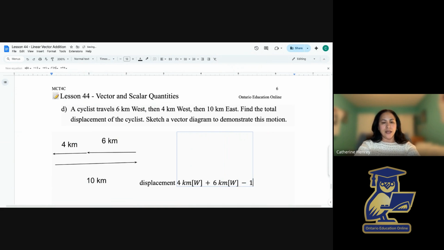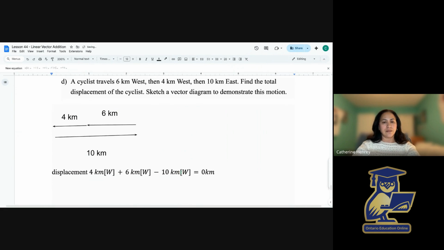We're going to subtract 10 kilometers west. That's a negative 10 kilometers west because that's the same thing as 10 kilometers in the easterly direction. And so here we have it equal to 0 kilometers. And we should still, even though it's 0, include the direction of west.